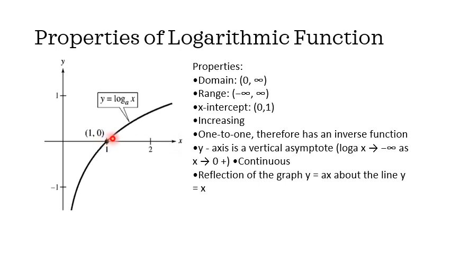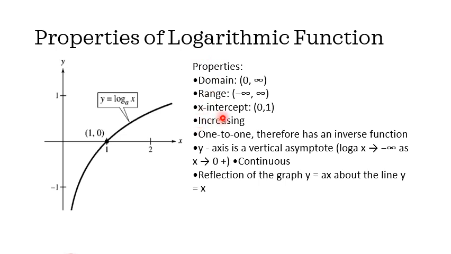So from here to positive infinity, we don't know where it stops. Next is the range. It means the values in terms of y, or our ordinates. Our range is from negative infinity to positive infinity.